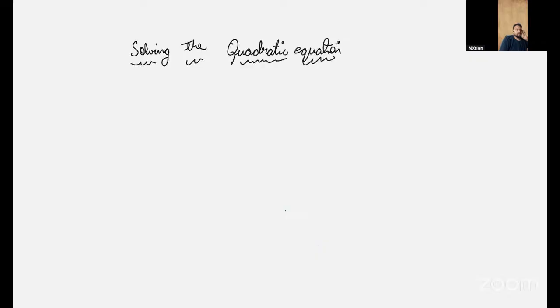So how will you solve the quadratic equation? For example, we have an equation x square minus 7x plus 12 is equal to 0. If you want to solve this quadratic equation, how will you solve this? The first method that we are going to learn is called middle term split.